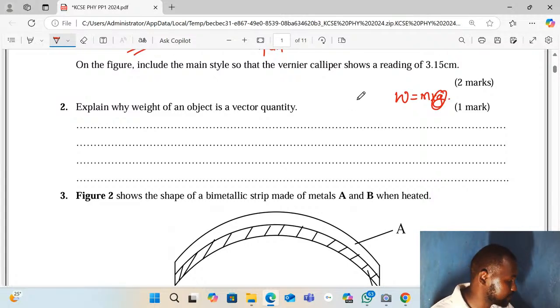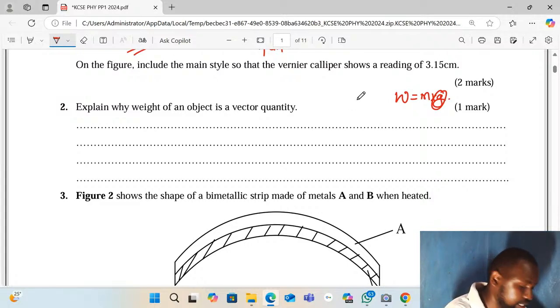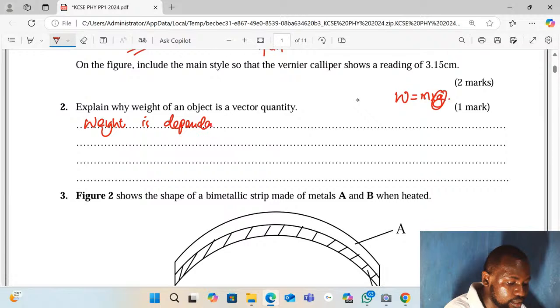Therefore, you can say that weight is dependent on the force of gravity.